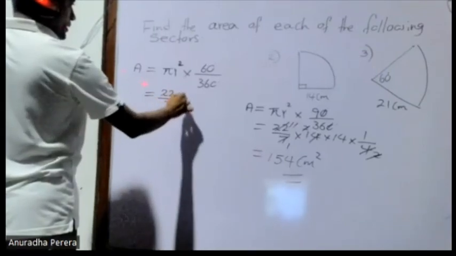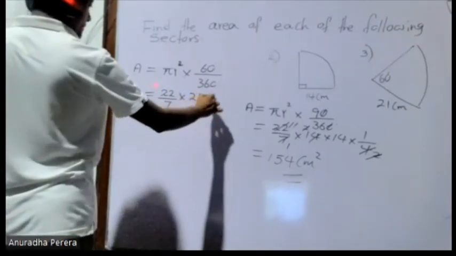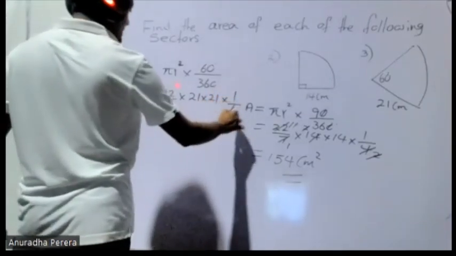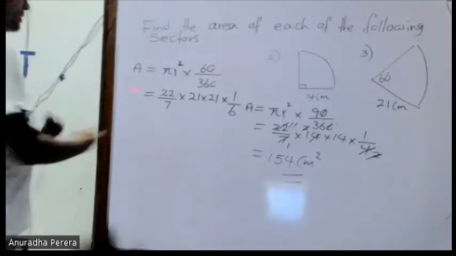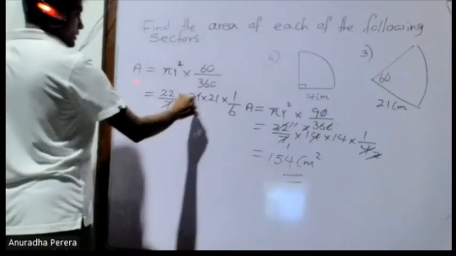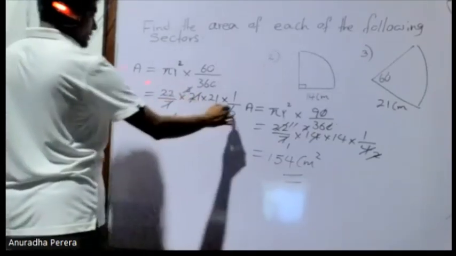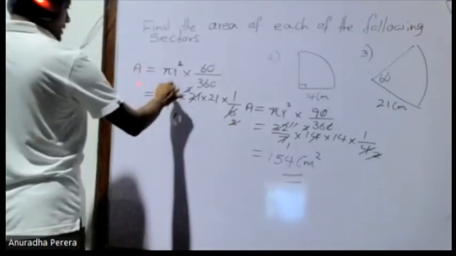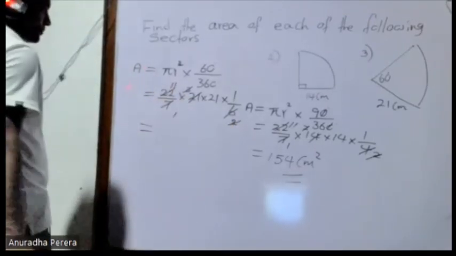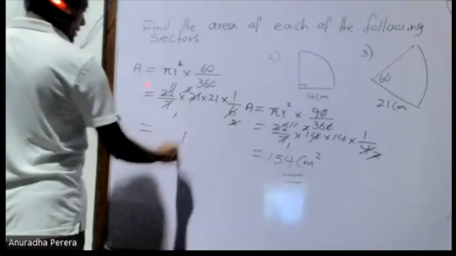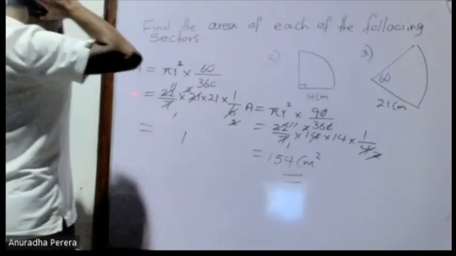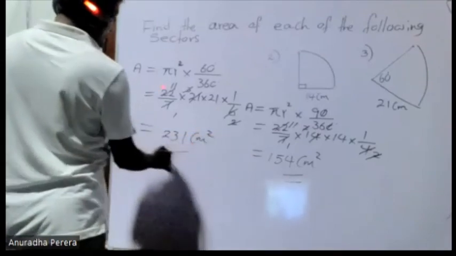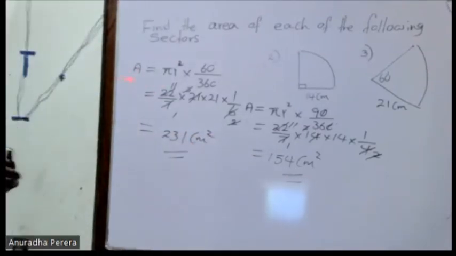Radius is 21. 1 over 6. Divide by 7. 1, 3 by 3. This one is 2 by 2. 11 into 21, 231. Very good. Square centimeters.